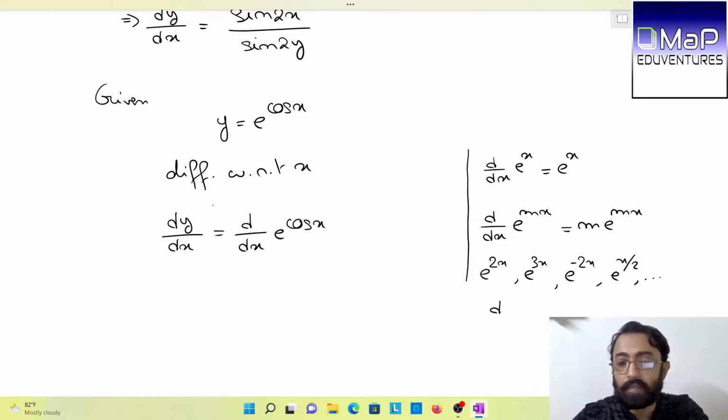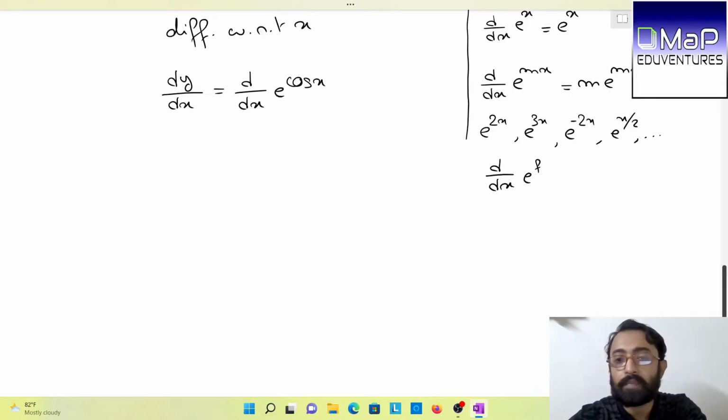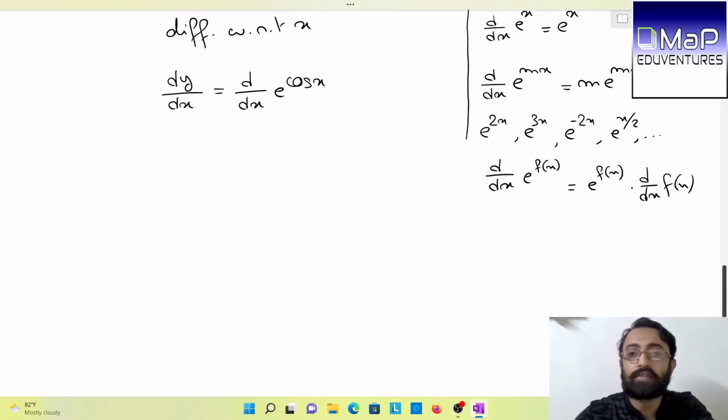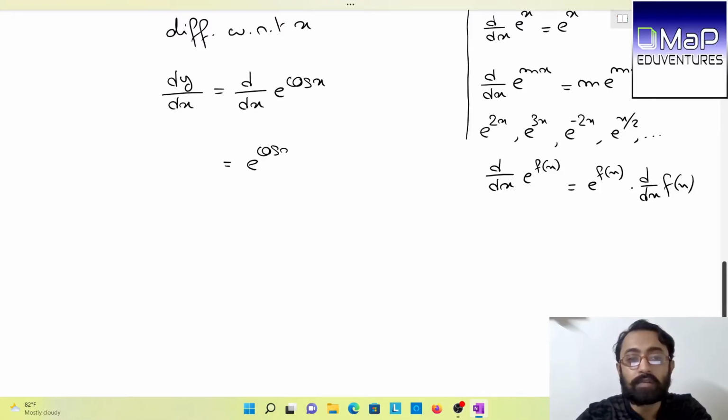And there is another form, d/dx of e to the power f(x), which equals e to the power f(x) into d/dx of f(x). Now f(x) can be any function, so in this case it will be e to the power cos x into d/dx of cos x.